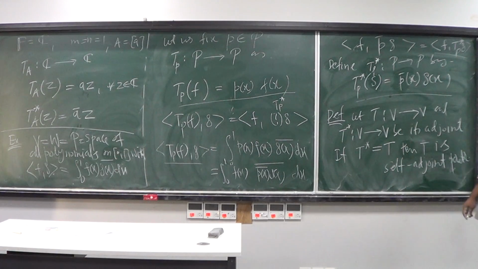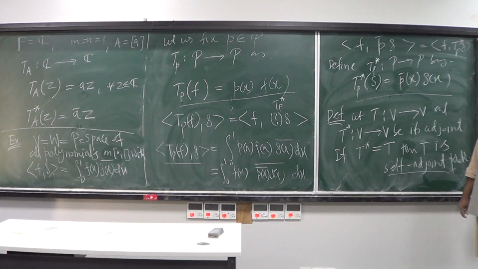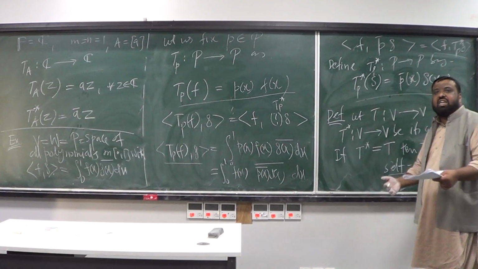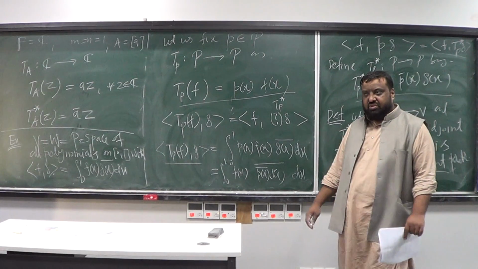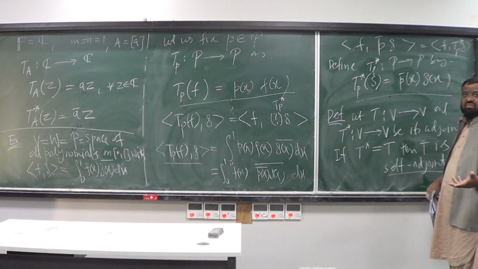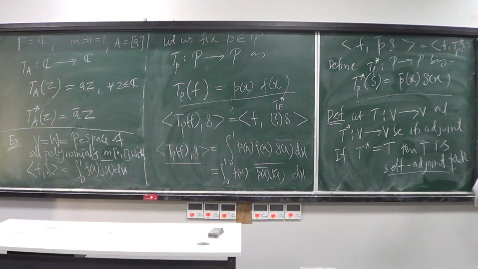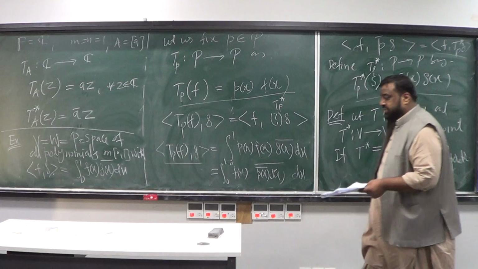It's evident from the name that an operator is self-adjoint if the operator itself is the adjoint actually. So you call such a linear transformation a self-adjoint linear transformation.